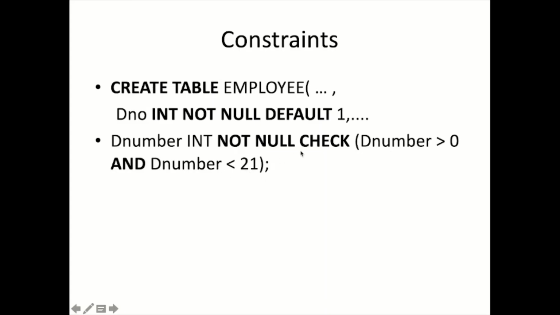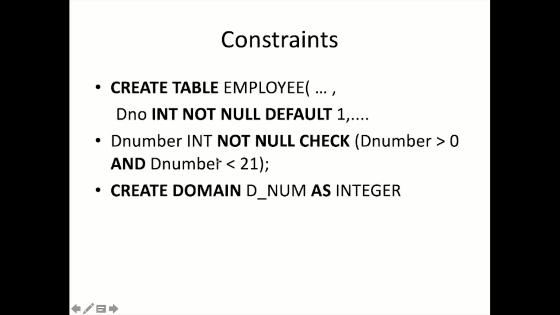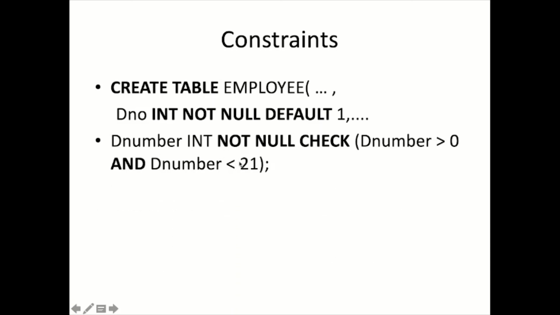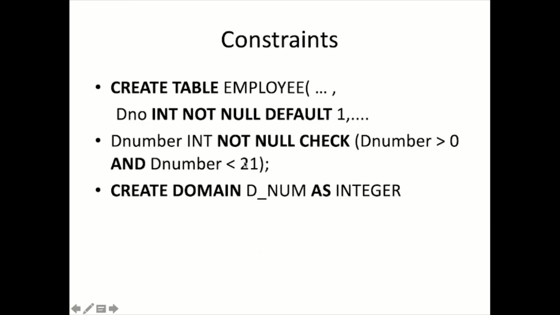So when we create this table, you specify d number int, not null, and also a check. This is a constraint, to check whether the d number value entered is between 0 and 21. Then only it will be accepted, otherwise it will show an error.